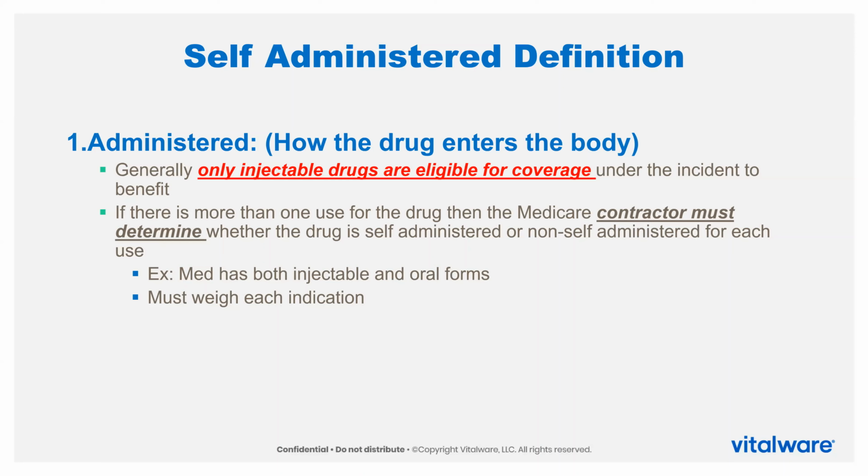So maybe the use of the drug prevalently is self-administered, like a Zofran tablet, but you could get it IV, but is the prevalent use the IV? So they're going to have to figure out each of these, which is the more prevalent form, and weigh each indication. And the way they do that is on the next slide.